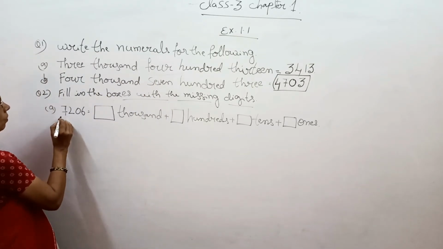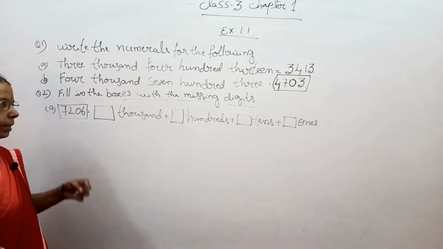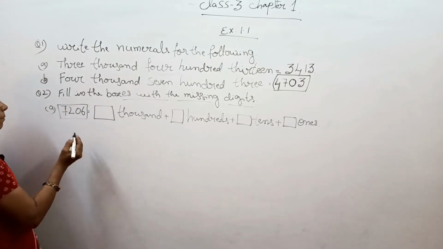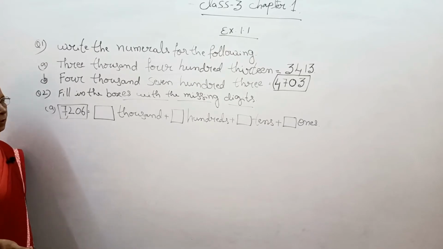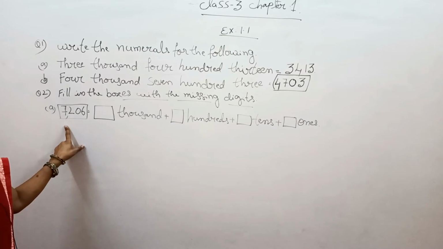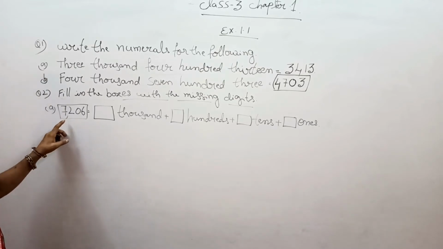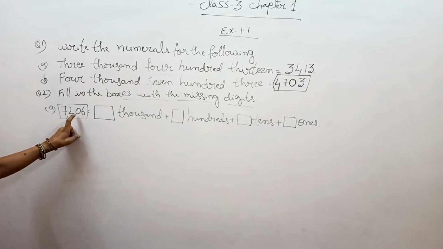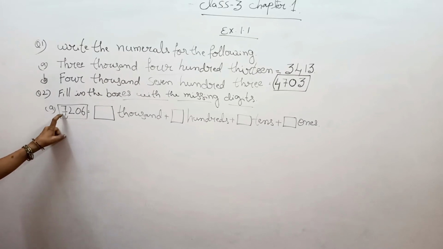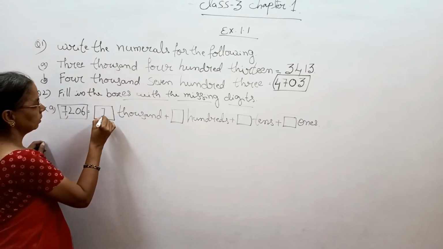As I told you yesterday, by putting commas we find an easy way to read the numbers. Here we put the comma after thousands. It is 7,000. That is, we have to put here 7.